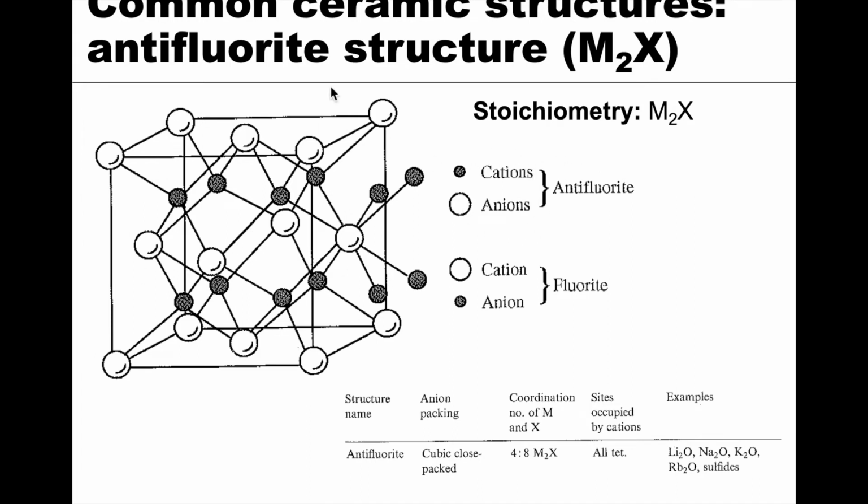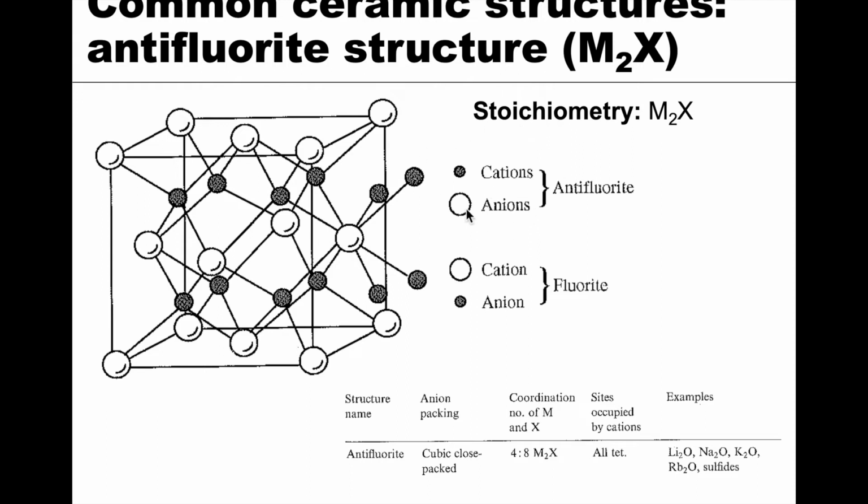I can take this drawing and label it such that in the antifluorite case, the smaller ones here are the cations and the larger ones are the anions, or I can flip it in the other case, where the cations are larger than the anions, as we had in the fluorite case. So this is basically just the flipped version.